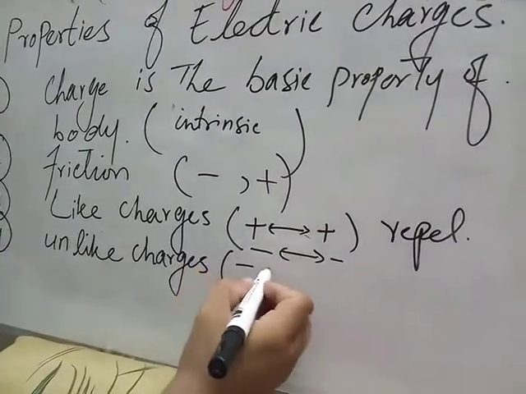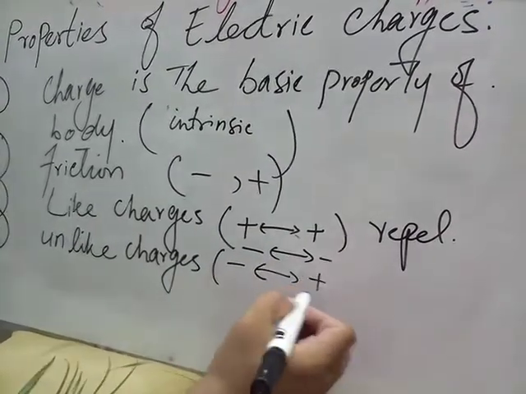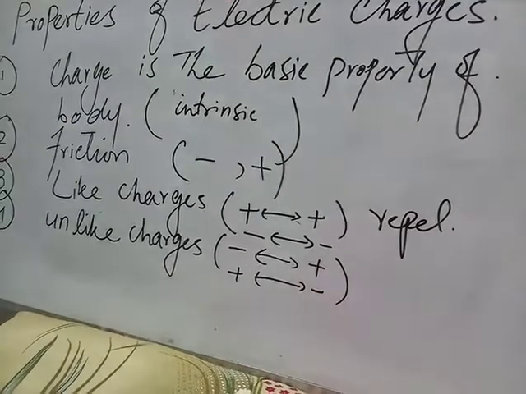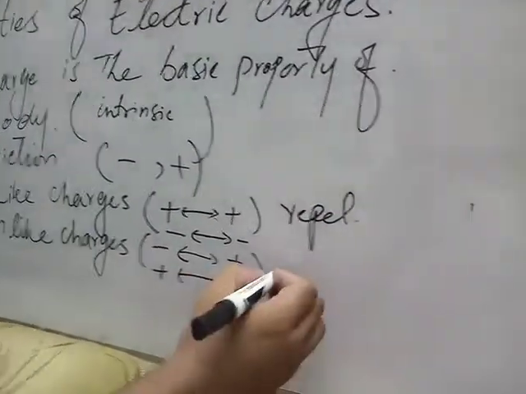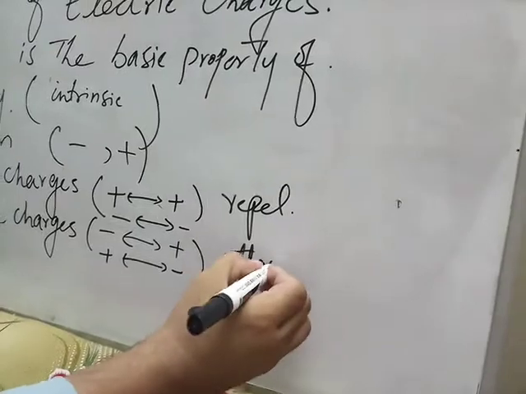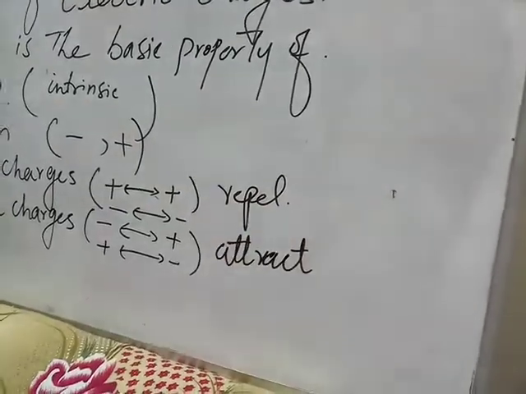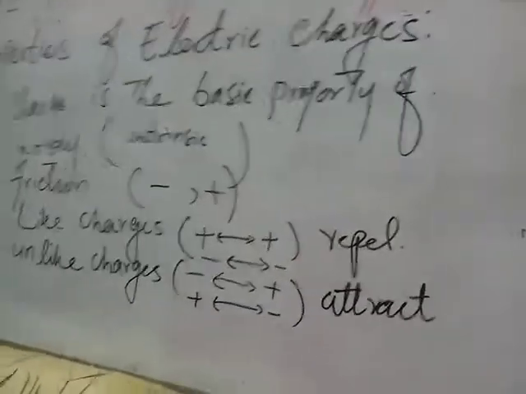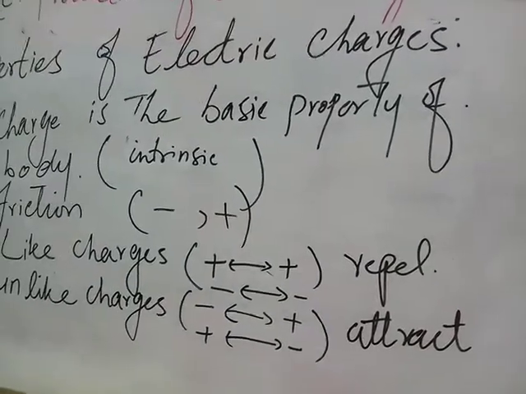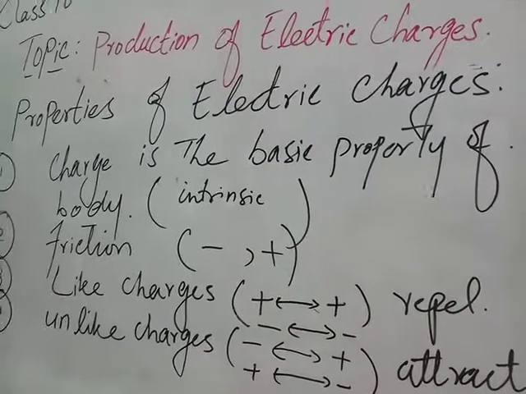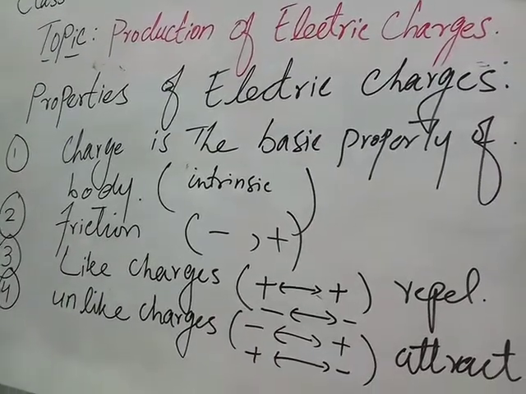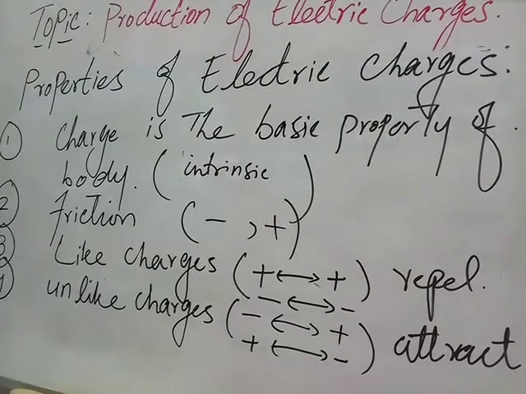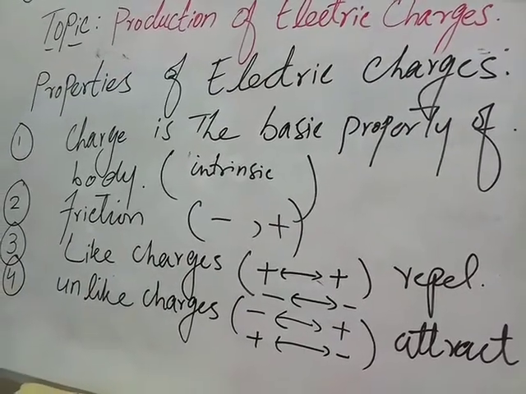Like negative, positive, and positive, negative, they always attract each other. So like charges always repel each other, and unlike charges always attract each other. So there will be an attractive or repulsive force between these two charges.